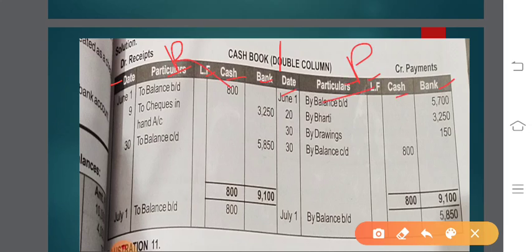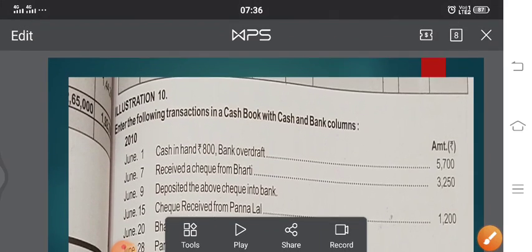In the question, cash in hand was 800, a debit balance, so we have written on the debit side, 'To balance brought down'. Bank was having a credit balance, that was a negative balance, so we have written on the credit side, 'By balance brought down' 5700. Right, students? Let's move towards the next point.